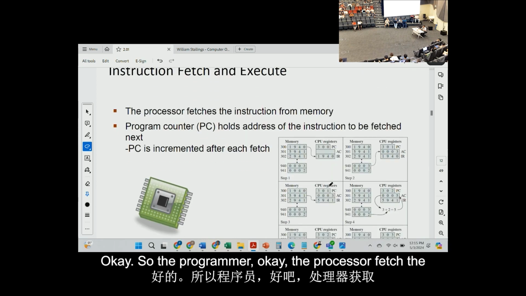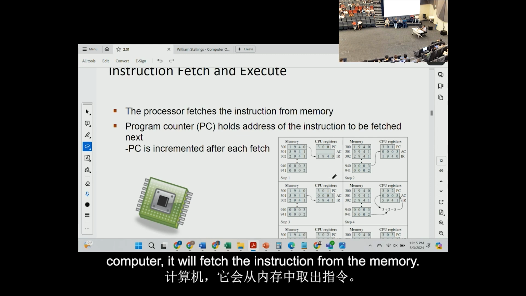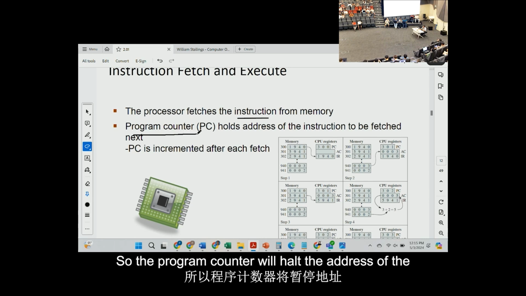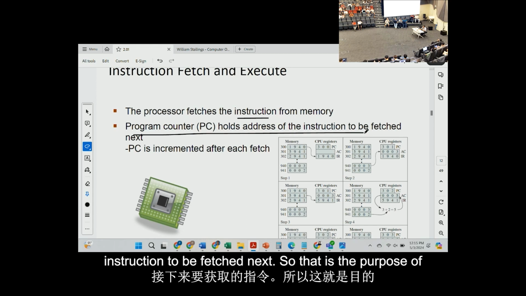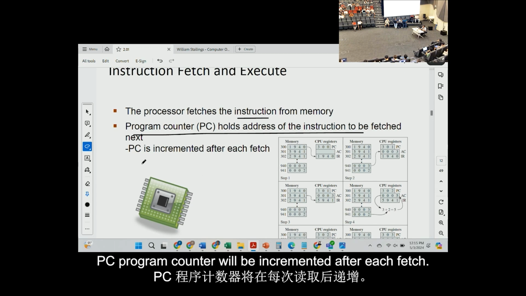The processor fetches the instruction from the memory. The brain of the computer will fetch the instruction from the main memory. The program counter, which we call PC, holds the address of the instruction to be fetched next, and it is incremented after each fetch.